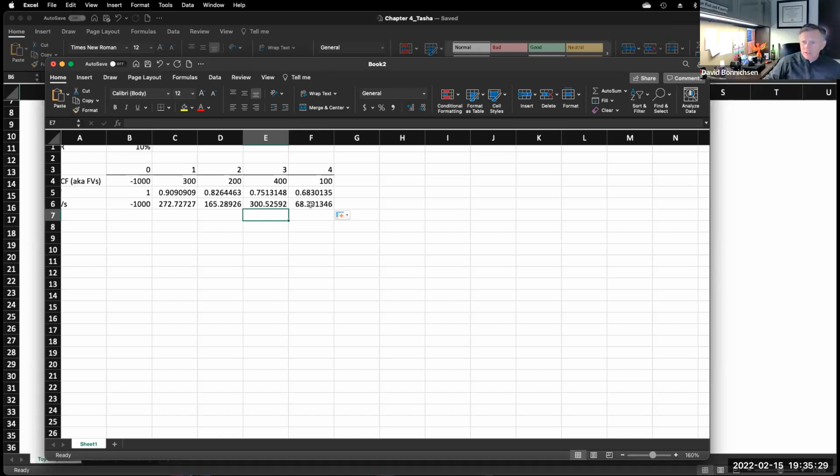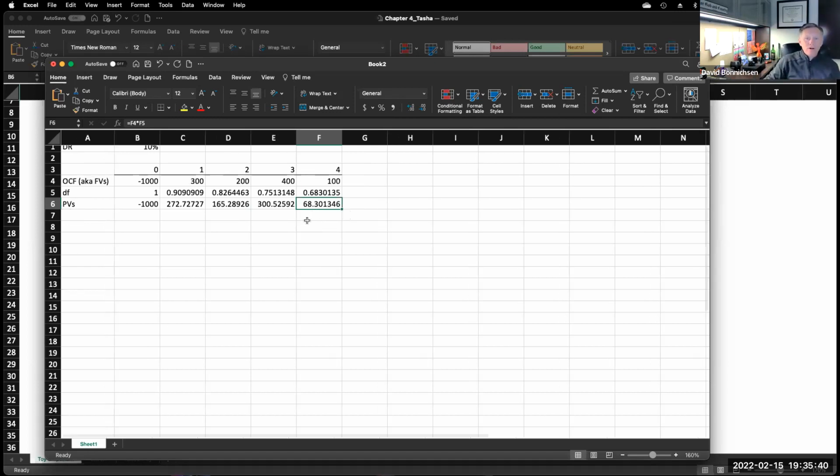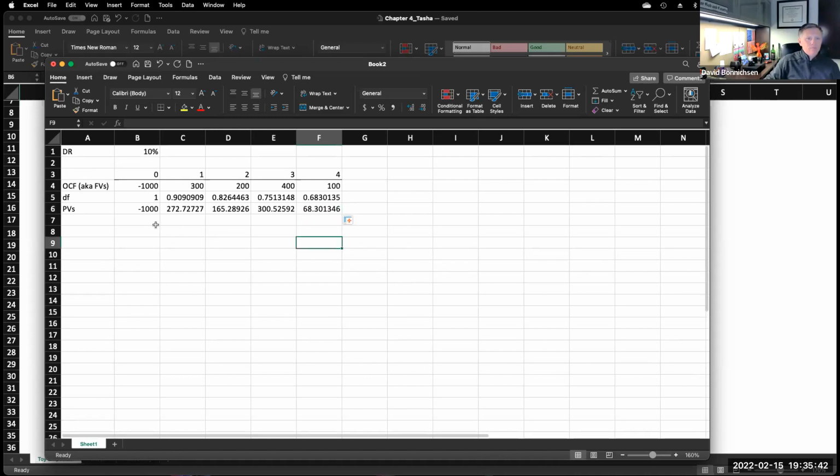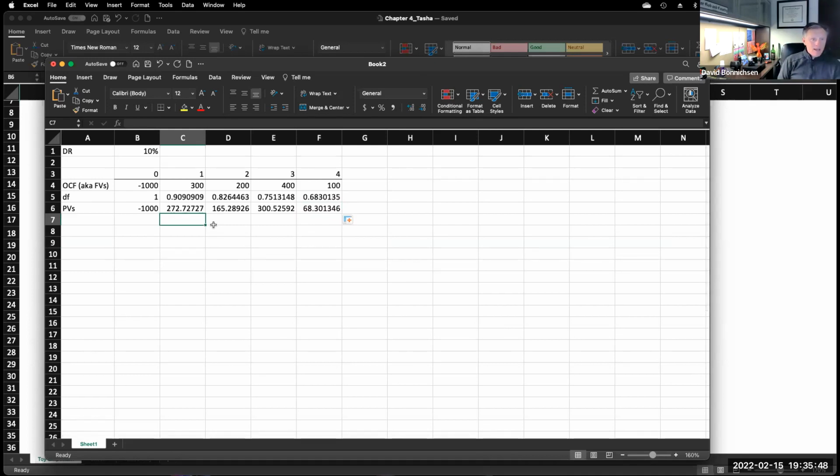Right, because that is the present value of receiving $100 4 years from now at a 10% required rate of return. And if I'm going to give you $300 a year from now, you'd be willing to pay me $272.73. That's how much that investment is worth today.